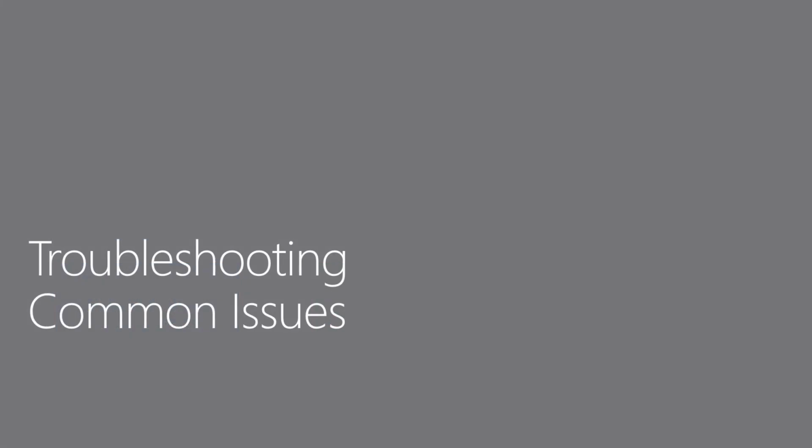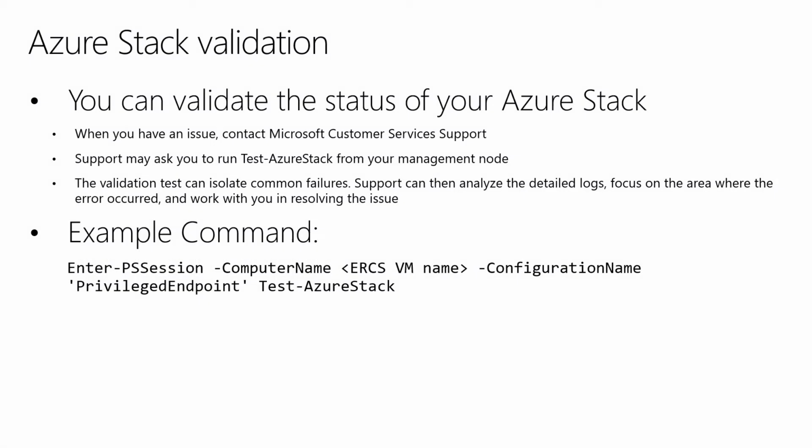Okay, last topic is troubleshooting common issues, just on a really high level. Azure Stack validation. So how can you figure out the status of your Azure Stack? Nowadays it is part of more or less every upgrade in Azure Stack that we ask you to run Test-AzureStack first to validate the status of your solution.